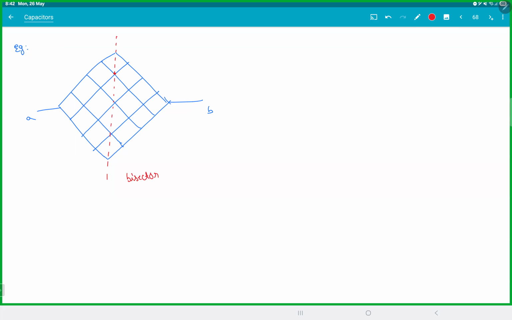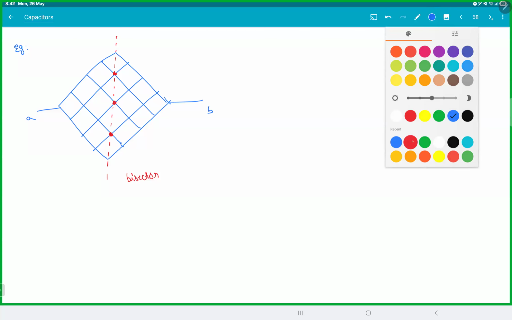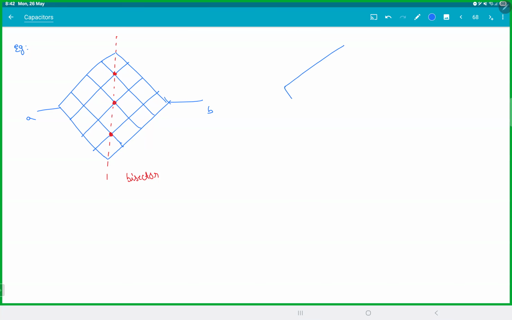That means if you look at this node here, and this node here, they can be opened up. I didn't draw it properly, but see.